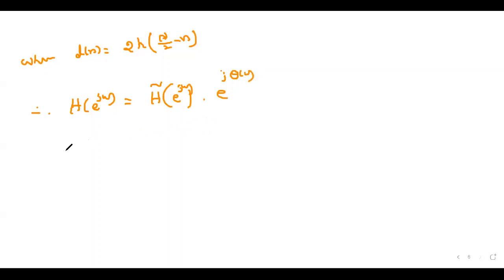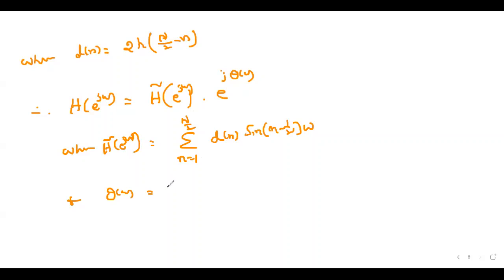Where h cap of e power j omega is equal to summation n equal to 1 to n by 2 d of n into sine of n minus 1 by 2 into omega, and theta of omega is equal to beta minus alpha omega, right?